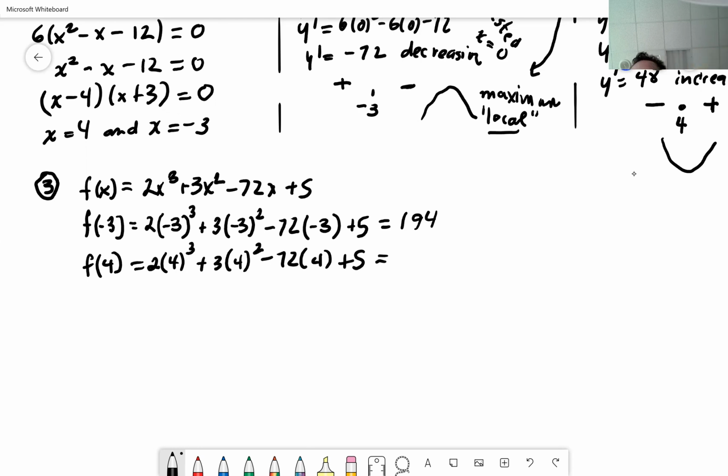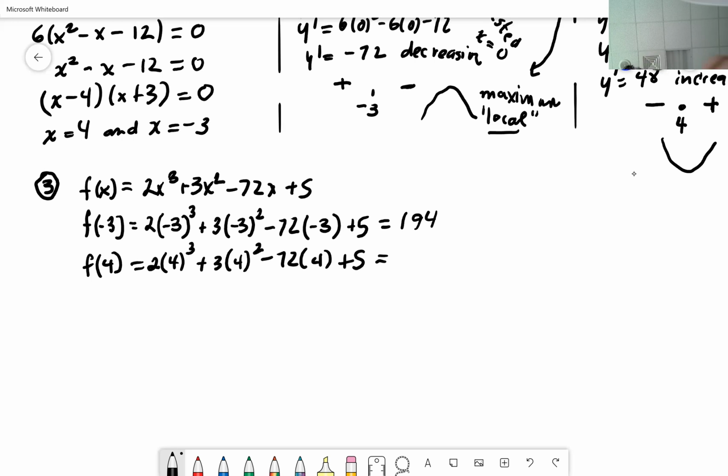And so now I'm going to go ahead and do 4 raised to the third power, and then multiply it times 2. And then plus basically 16 times 3, which is 48, minus 72 times 4, and then add 5.